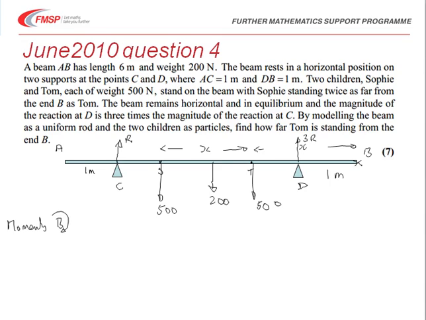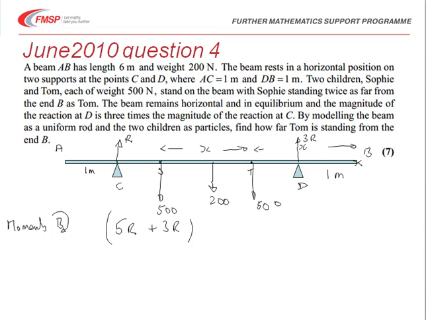So looking at that for B, we have clockwise the reactions, which are a total of 5 meters from C. The length of the beam was 6 meters, so from BC it's 5 meters. Therefore we've got 5 multiplied by R, and then a total of 1 meter for the reaction at D, so this is then plus 3R.